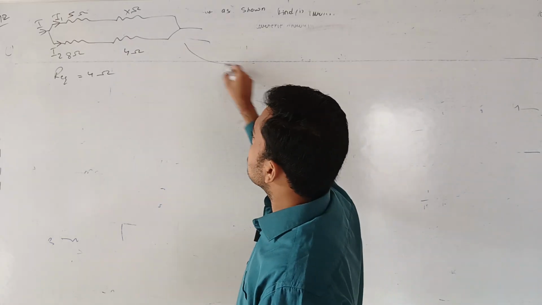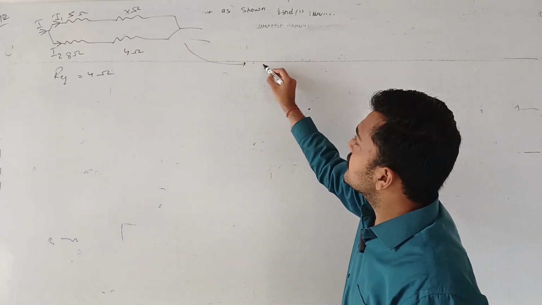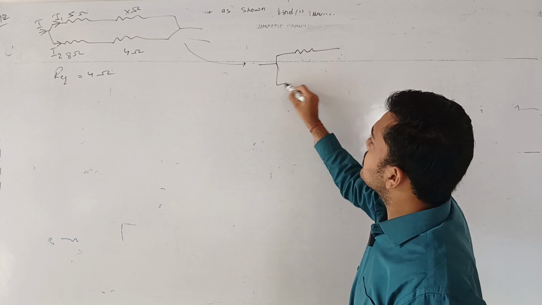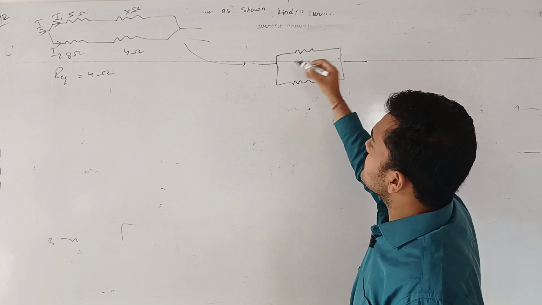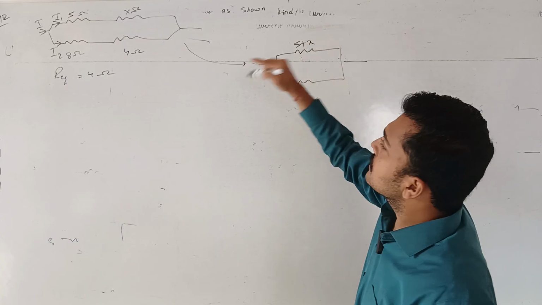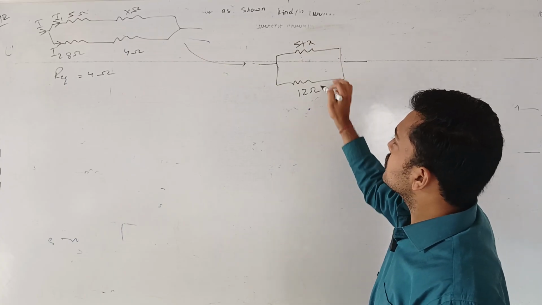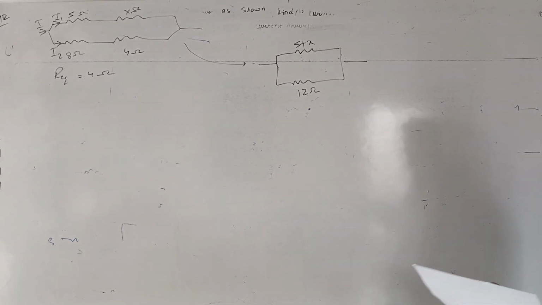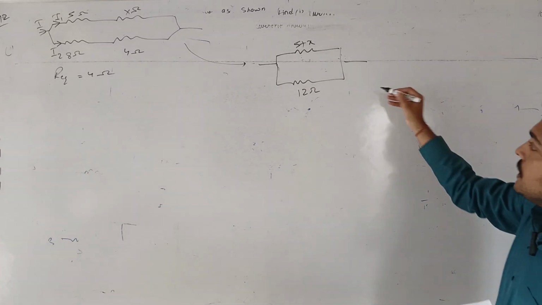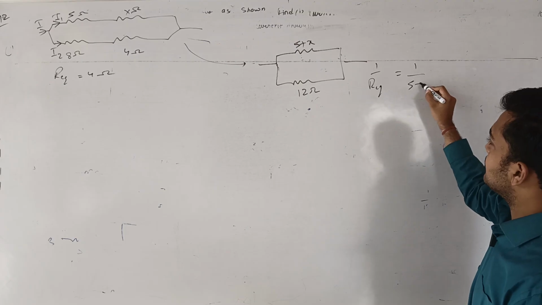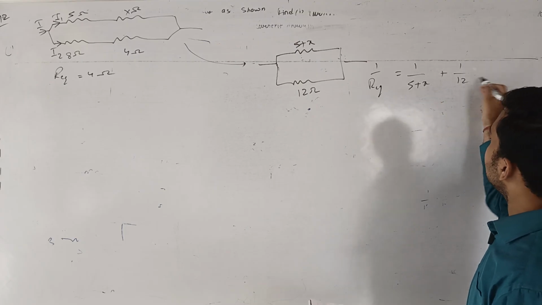So the circuit can be reduced to two resistances: 5 plus X, and 8 plus 4 which is 12. So it is the parallel combination of 5 plus X and 12. So 1 by R equivalent is 1 by 5 plus X plus 1 by 12.